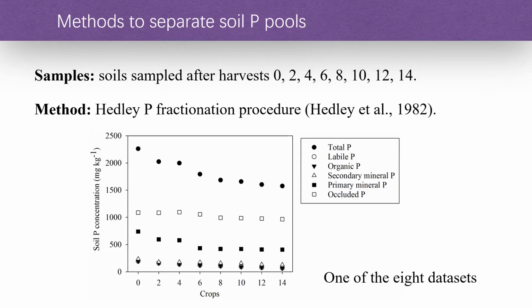Here shows one of the 8 datasets. Soil phosphorus fractions were grouped and classified into 5 soil phosphorus pools.